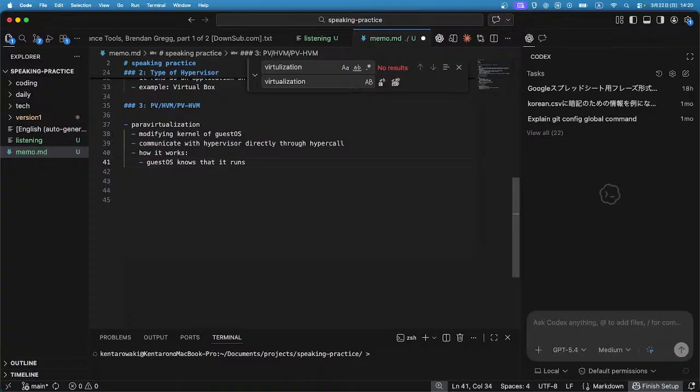It runs on the virtualization environment.